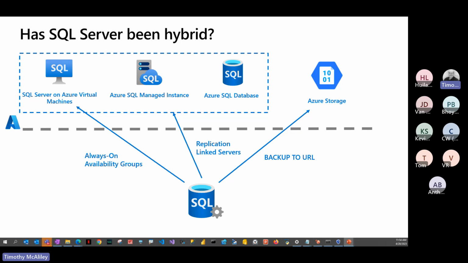And then we've been able to back up SQL Server to Azure storage for quite some time, backing up over a URL, and then involving SQL Server on a virtual machine using replication, and also involving SQL Server on a virtual machine in Always On availability groups. Not to include what we're going to talk about today, right?